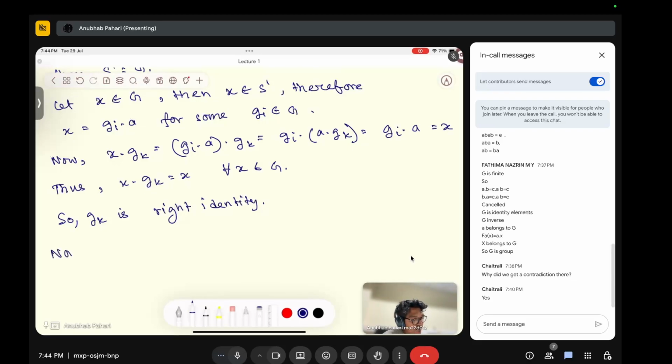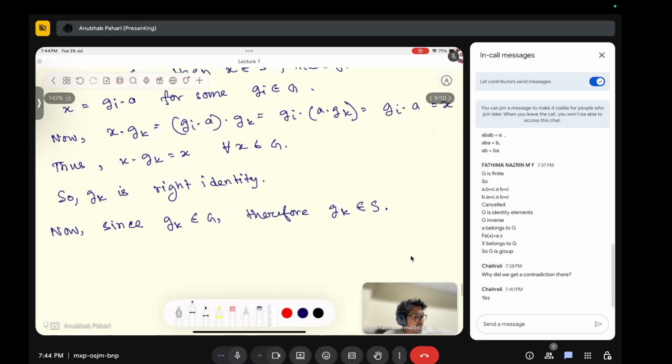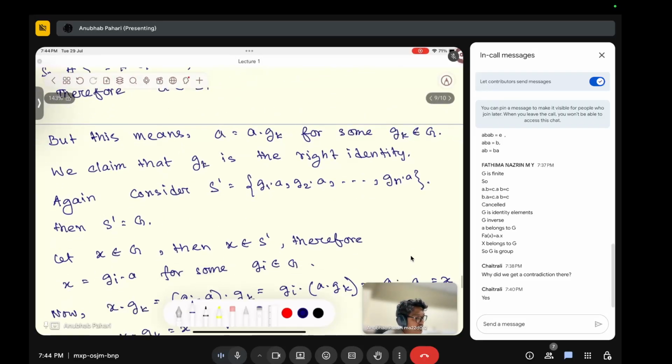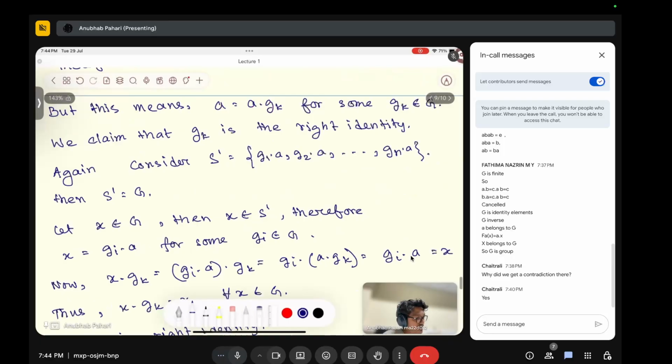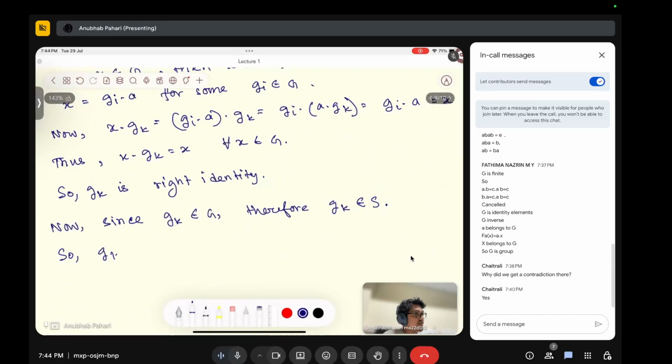Now since Gk belongs to G, therefore Gk belongs to S. So as S is this set, Gk equals A dot Gl for some Gl belongs to G.